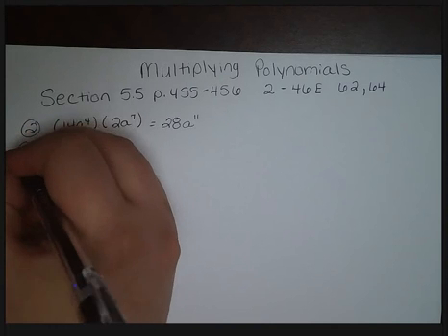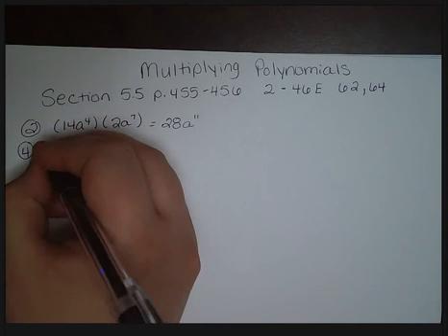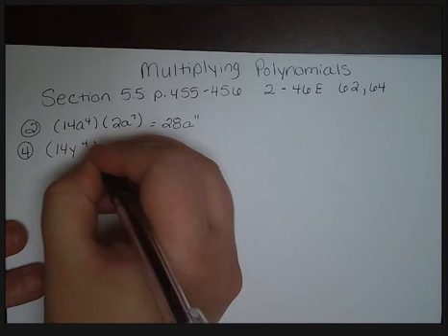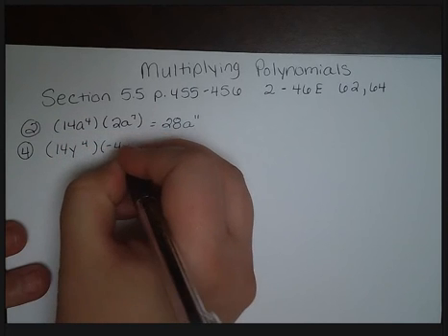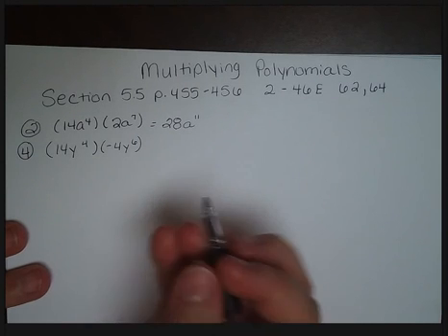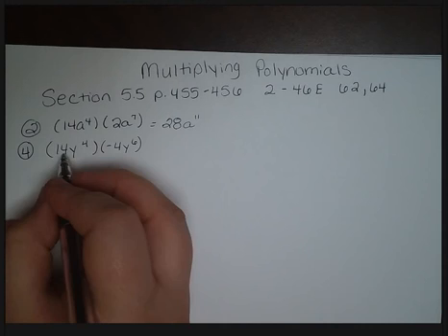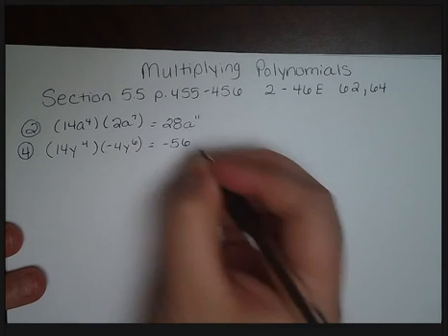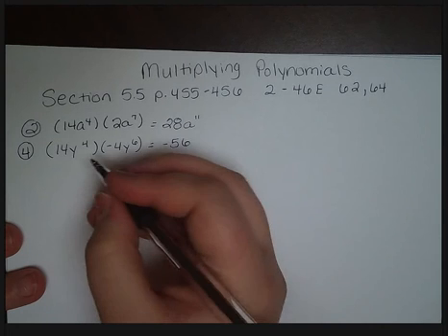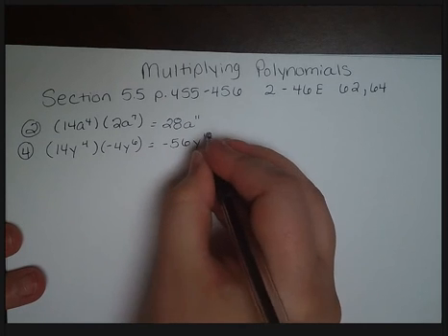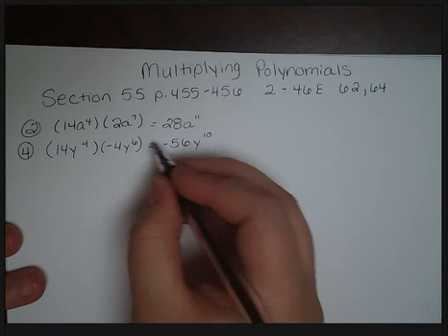Number 4, we have 14y to the 4th times negative 4y to the 6th. So remember, multiply that 14 and negative 4 to give you negative 56. And then y to the 4th times y to the 6th is y to the 10th, because 4 plus 6 is 10.